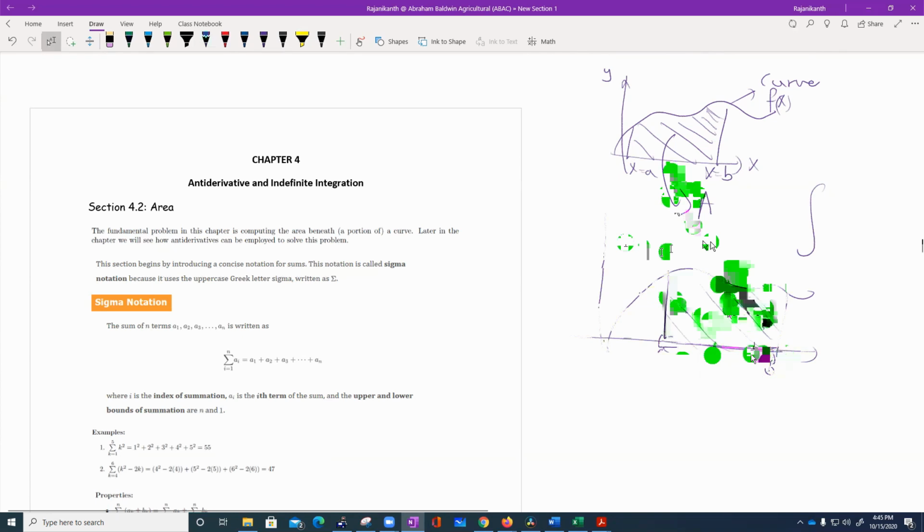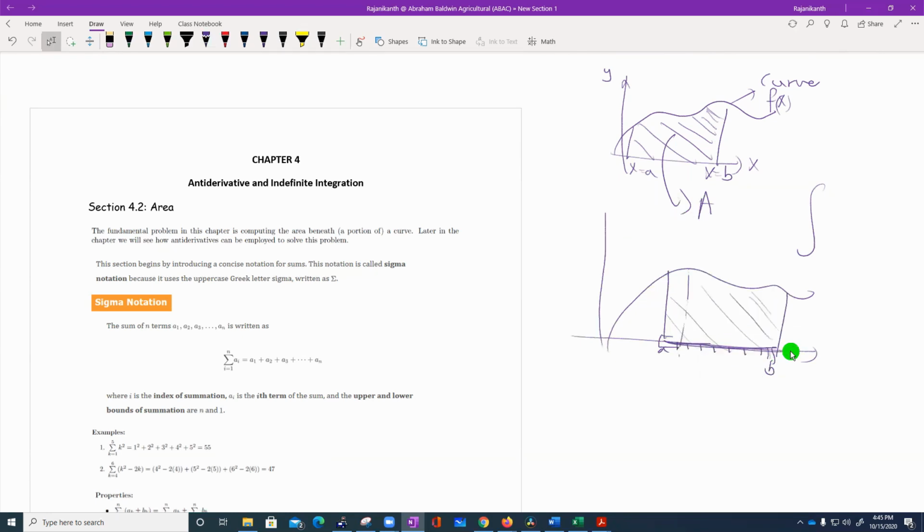We are going to chop up this interval into small pieces with equal length, like this, and we will draw some blocks on those intervals, and we will approximate the area by looking at these rectangles.